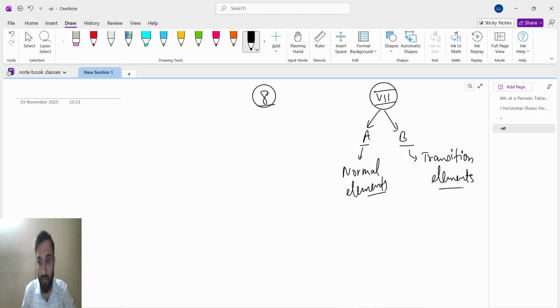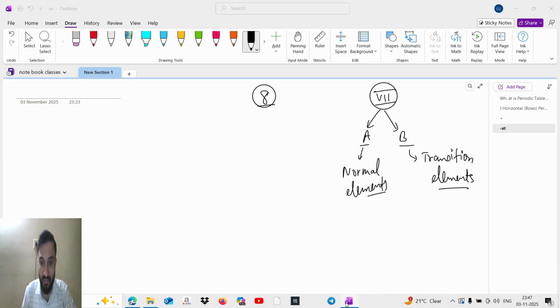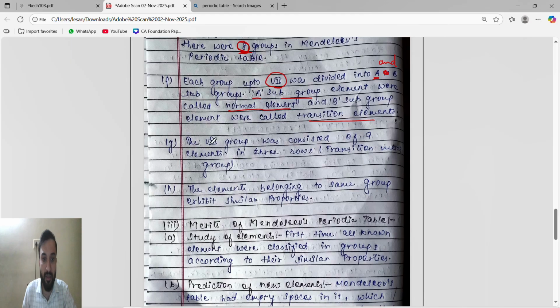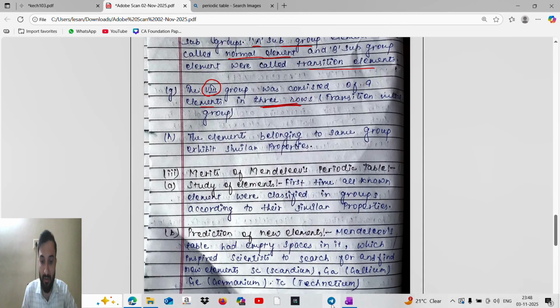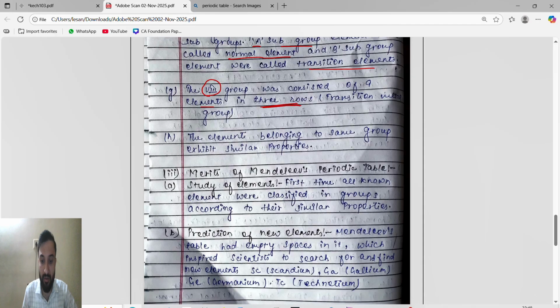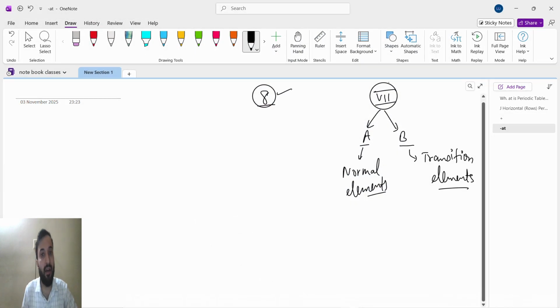Now see what happened. They said the eighth group was considered of elements in 3 rows, the transition metal group. What he said is that we have 8 groups in total.